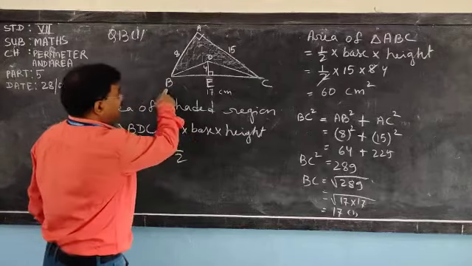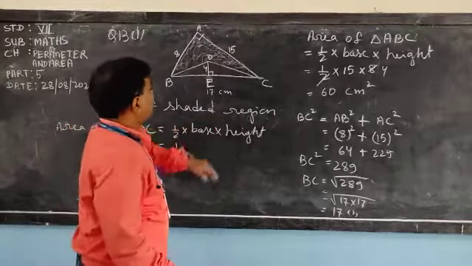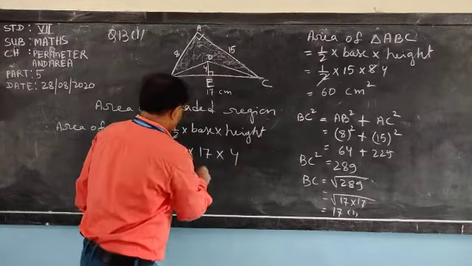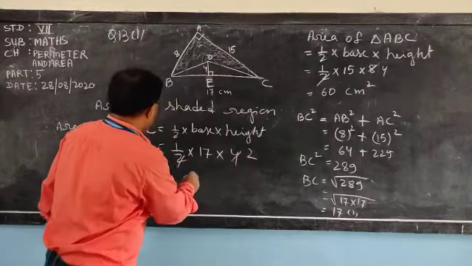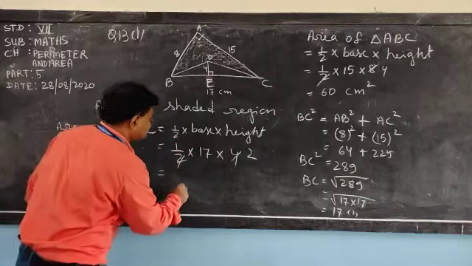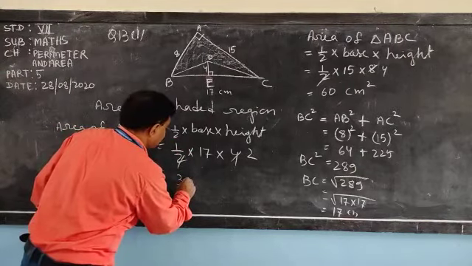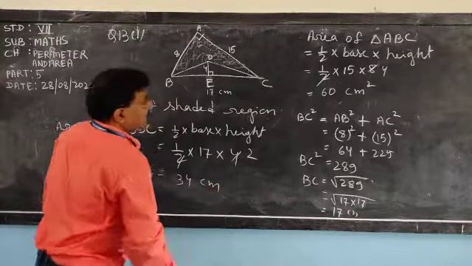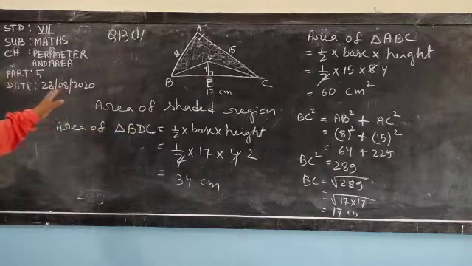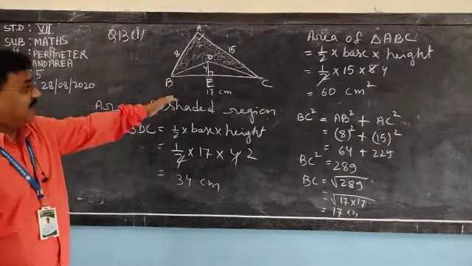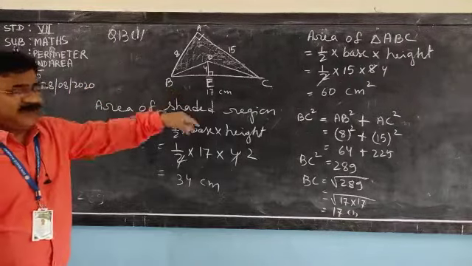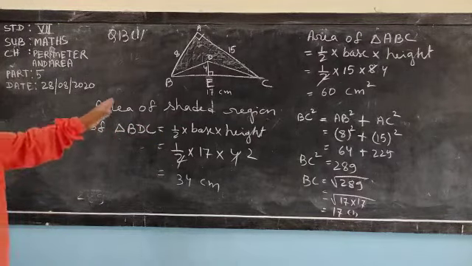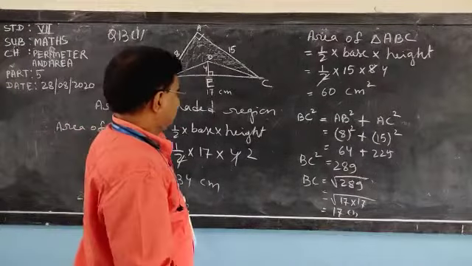Half, base is BC, which we got as 17, and height is 4. 2 2s are 4 and 17 2s are 34. 34 centimeter square. So we got the area of triangle BDC. Now we are asked to find the area of the shaded region.